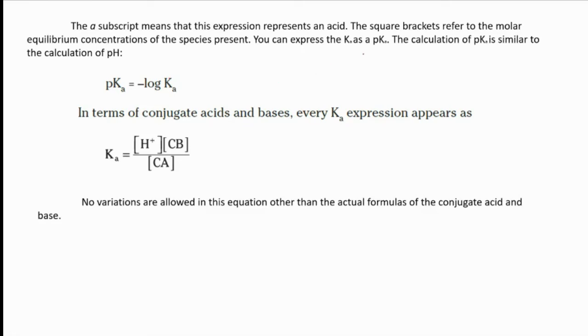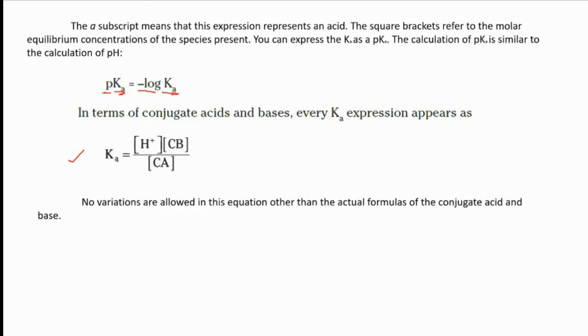You can express Ka as pKa, where the P means negative log. This is the general expression of the equilibrium constant of acetic acid, or a weak acid.